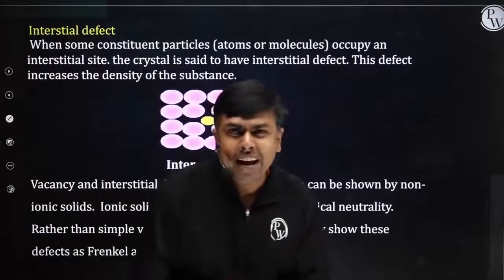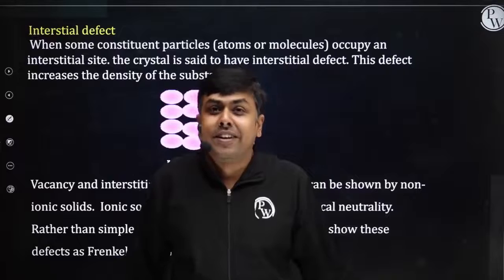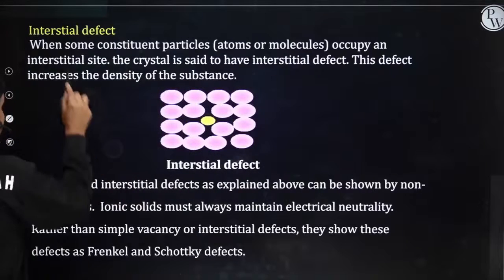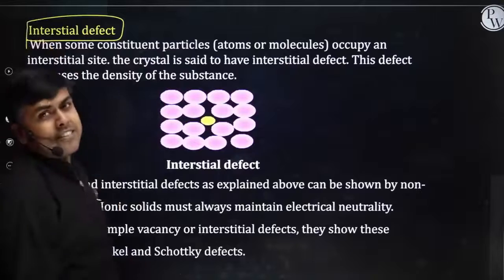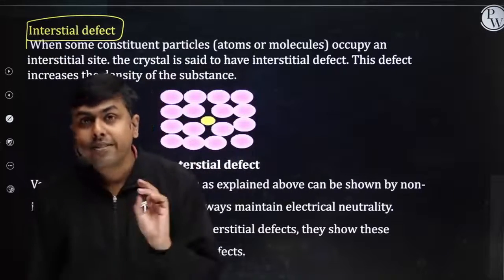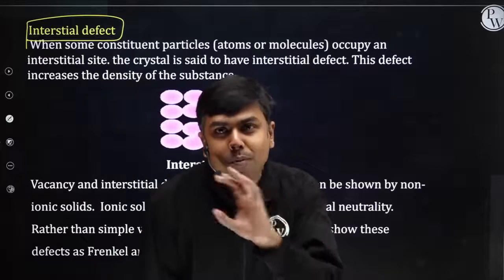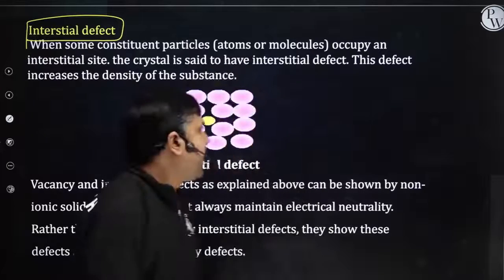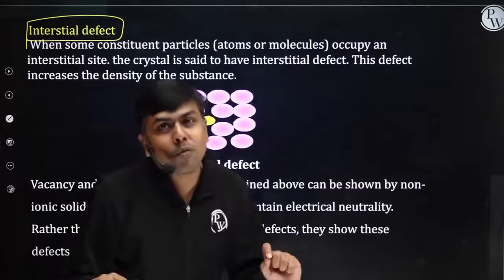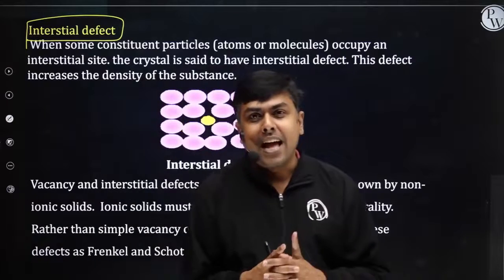Students, moving ahead, the next type of stoichiometric defect which we have to study is interstitial defect. In case of interstitial defect, what happens? Some of the constituent particles, that is atoms, ions or molecules, occupy the interstitial void. They get trapped in the interstitial voids of the lattice. Am I clear?